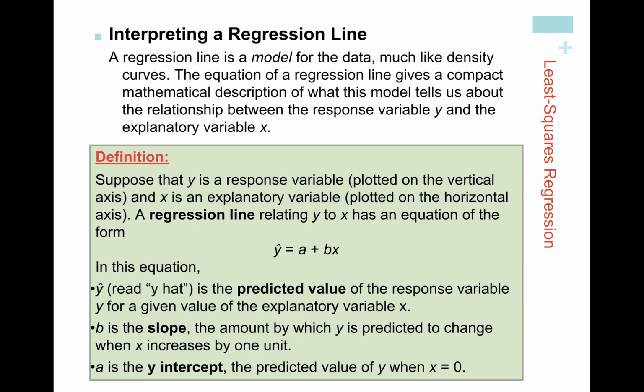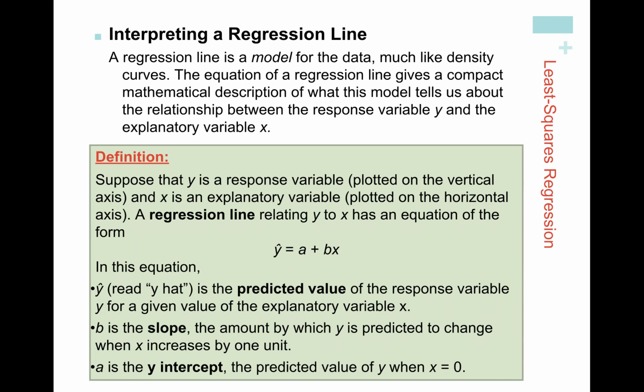Okay? a plus bx. So a we recognize as the y-intercept, and b we recognize as the slope. So it's very important that you learn and memorize this statement on how to interpret the slope and how to interpret the y-intercept.